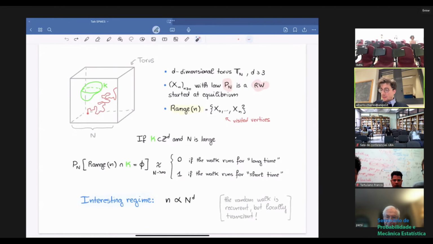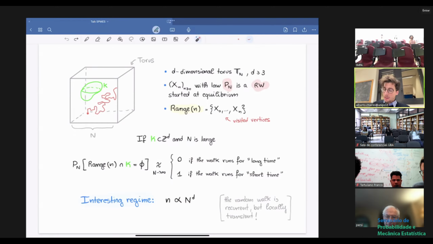The interesting fact is that there is an interesting regime when the walk runs up to a time which is of the order of the volume of the torus. In this case, we have a non-trivial probability appearing.